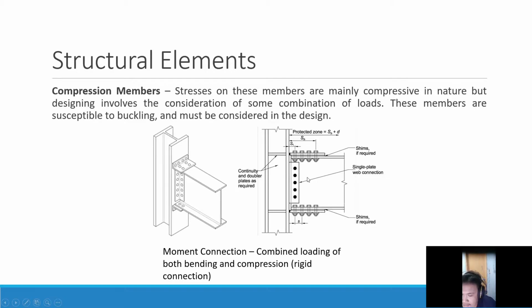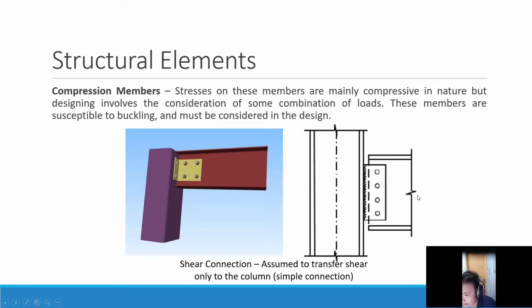There's also a column that is only subjected to compression. This is the next example. These are called shear connections. It is also called a simple connection. As you can see, only the web is attached to the column.